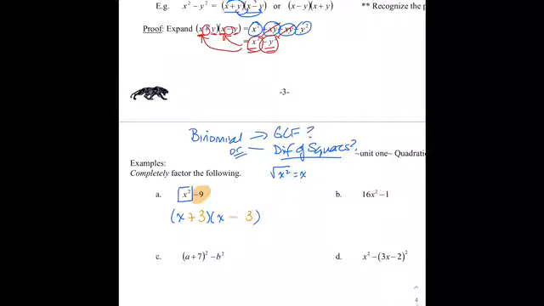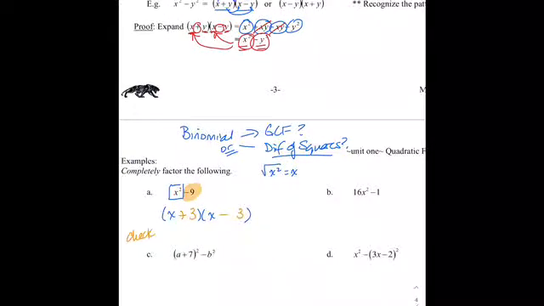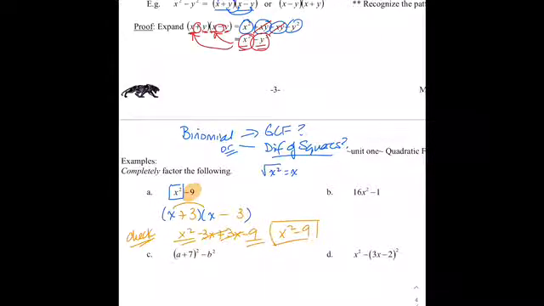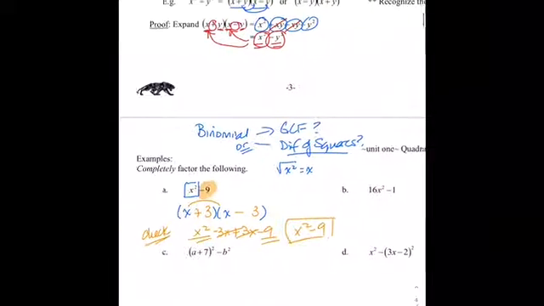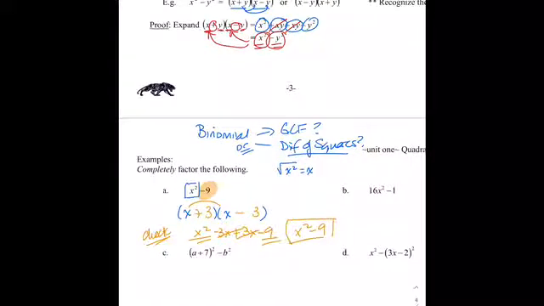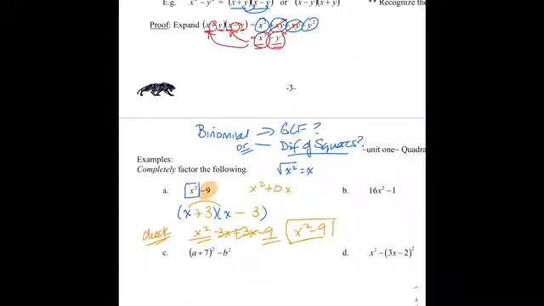And if we wanted to do a little check and multiply those through, we get x squared minus 3x plus 3x minus 9, and we end up with our x squared minus 9. So I know that I've done things correctly there. Another way to think about the perfect square trinomial, or sorry, the binomial rather, is to say x squared plus 0x, we have 0x in our trinomial.